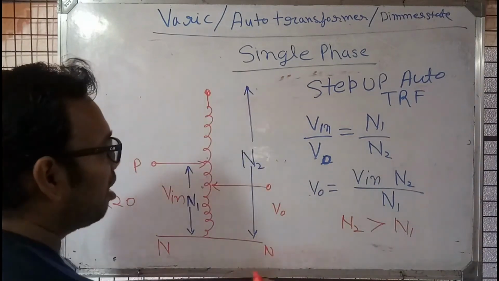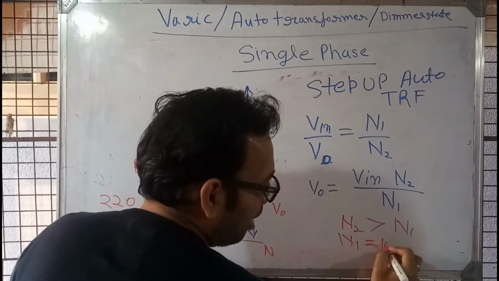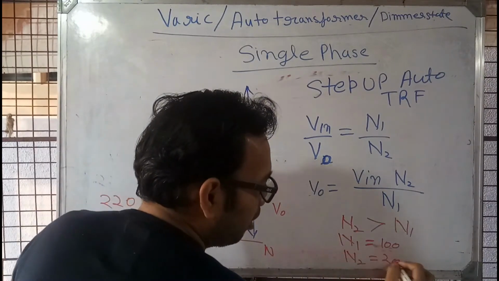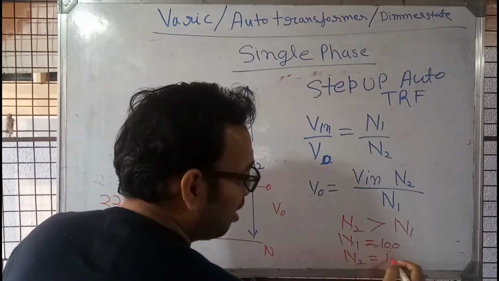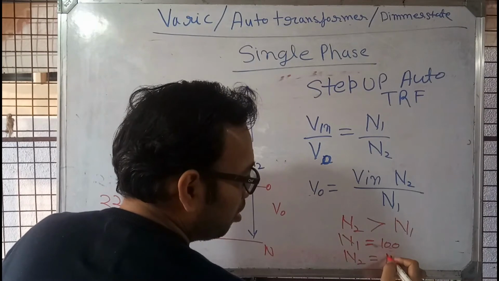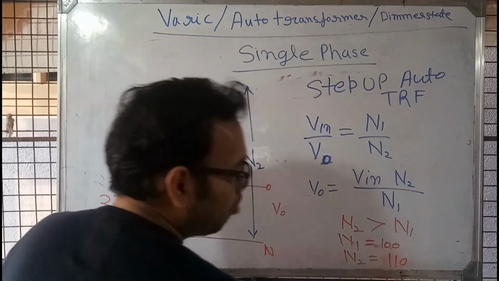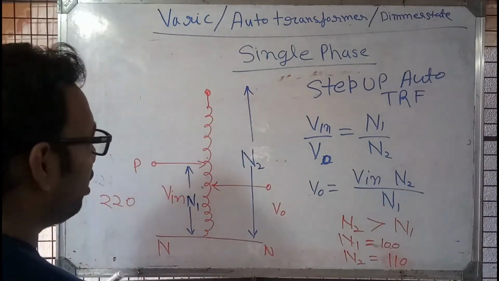Let us assume my N1 is 100 and N2 is 110. So what is the output? We'll calculate here.